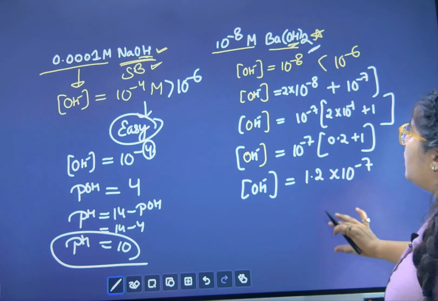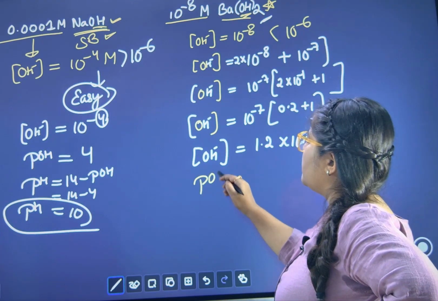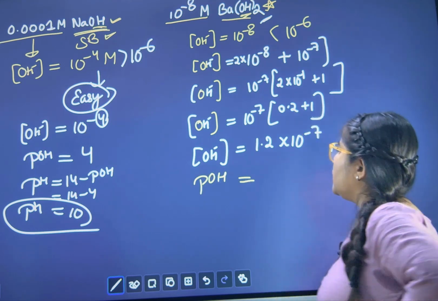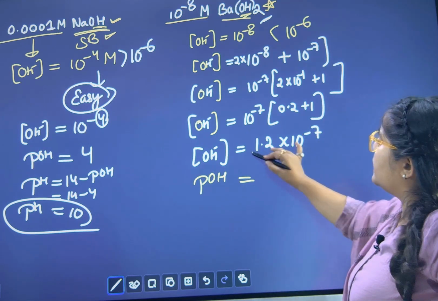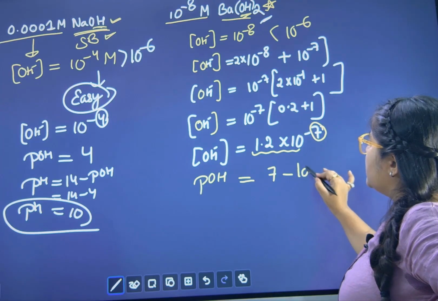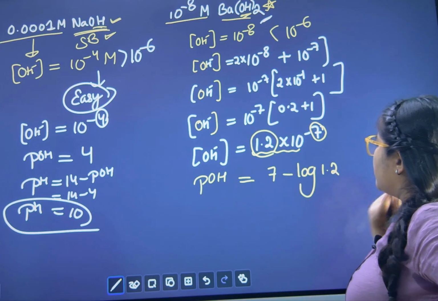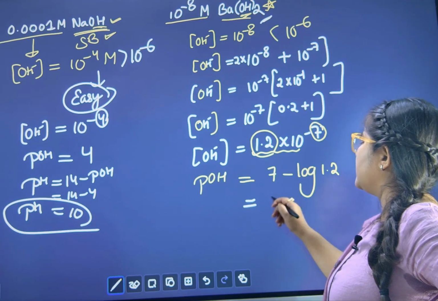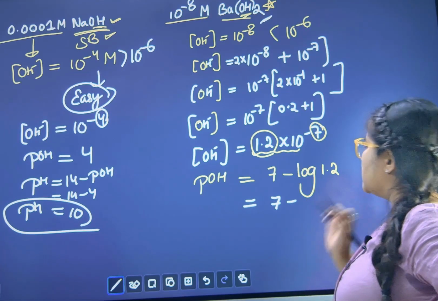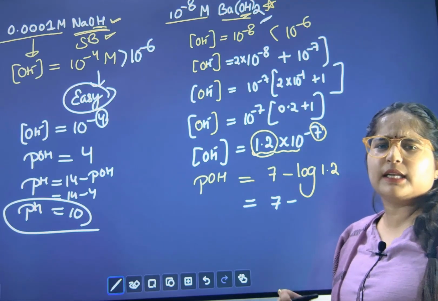Okay. Now, how will we calculate the pOH from here? I have told you, whenever it is in the multiplication form, the power will come here: pOH equals 7 minus log of the first number before multiplication, log 1.2. Log 1 value is 0, so 1.2 means a little greater than 0.